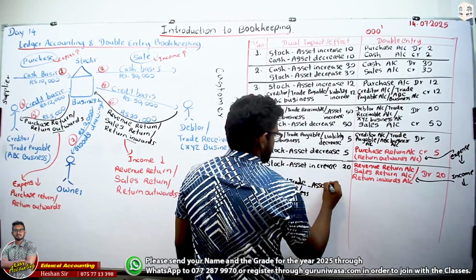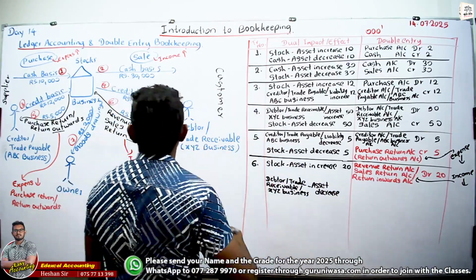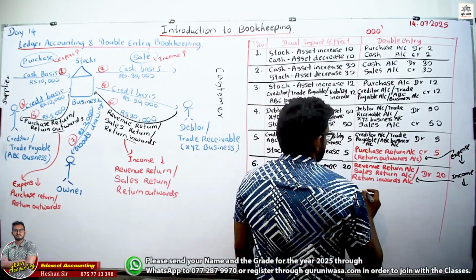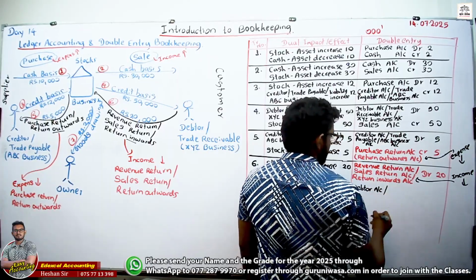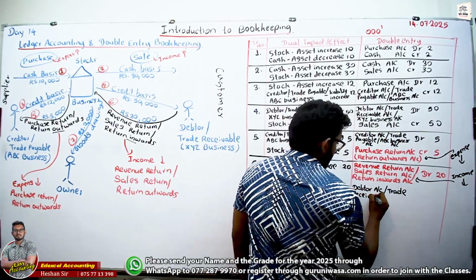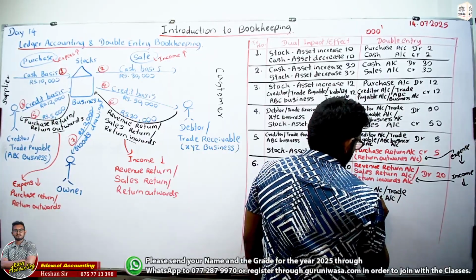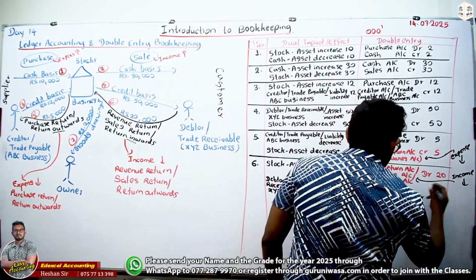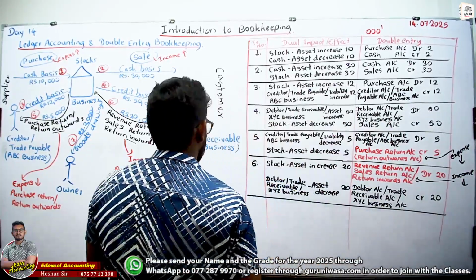This is an asset. Why? They purchase our goods on credit basis earlier. So when they return it, our asset decrease 20. So you can write debtor account, or in another word, trade receivable account, or in another word, XYZ business account, credit rupees 20. Right.